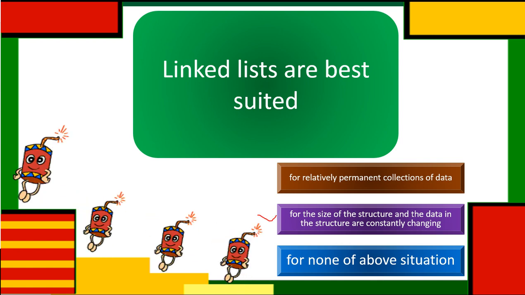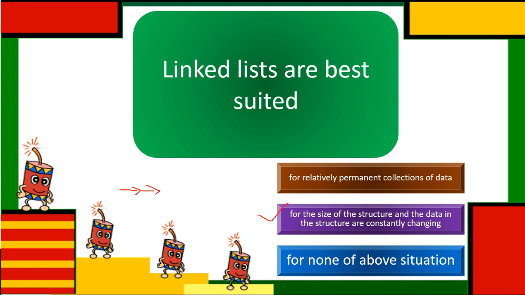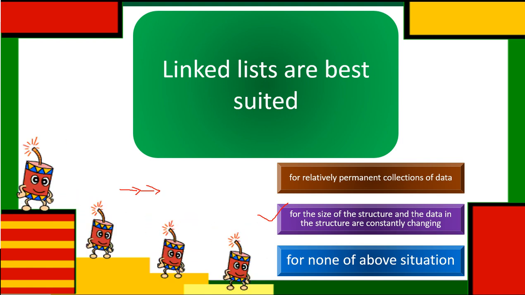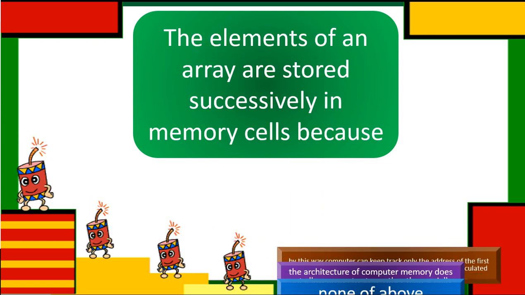This is the correct answer about linked lists, because linked lists are best suited when data is constantly changing, with the key updated and holding the address and so on. Linked lists are best suited when the data is constantly changing.